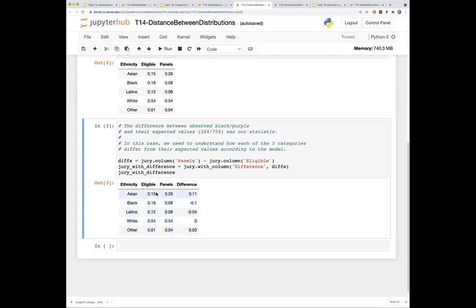Because if you think about the distribution of the categories, the way we've defined our set, everyone belongs to one of these five categories. So if you took the sum of the eligible column, you'll see that it sums up to 1, because everyone is part of that. And it's the same thing for the panels. The distribution of these panels all sums up to 1.